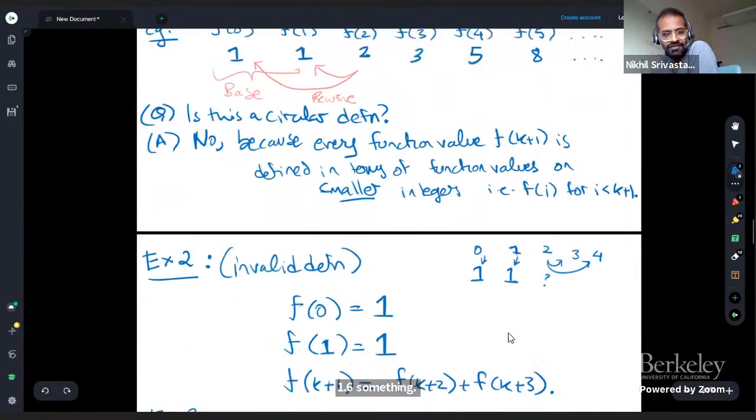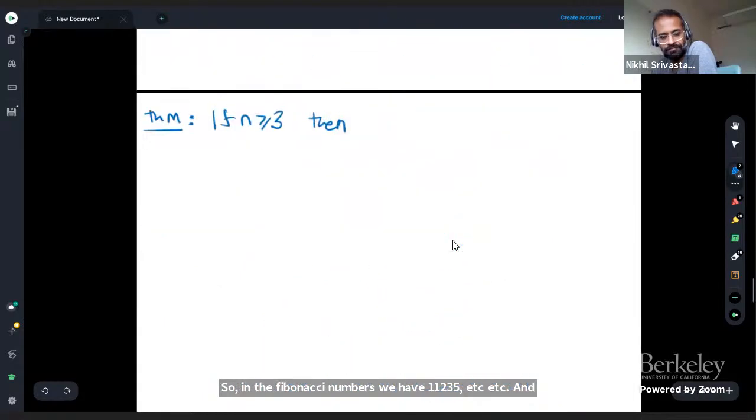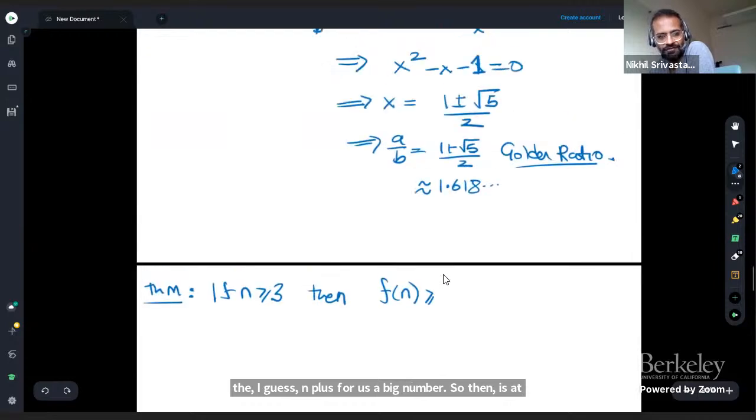So in the Fibonacci numbers, we have 1, 1, 2, 3, 5, etc. And the claim is going to be if n is bigger than 3, then the n plus first Fibonacci number, f of n, is at least, let's give this number a name, let's call this number phi, at least phi to the n minus 2.